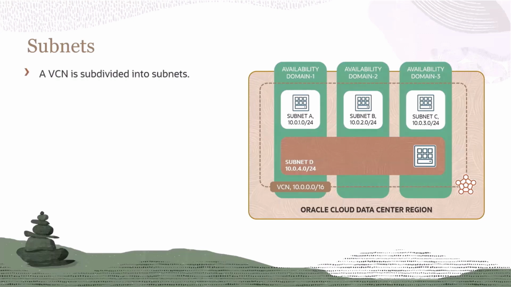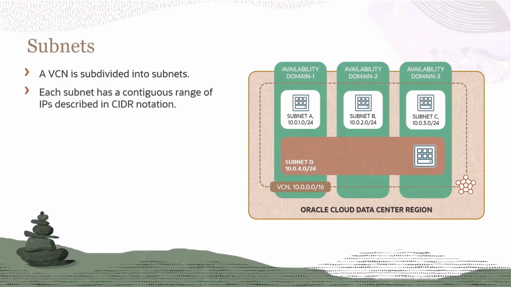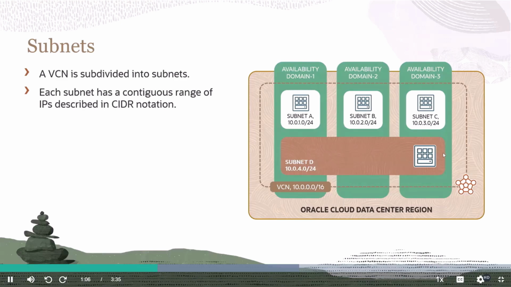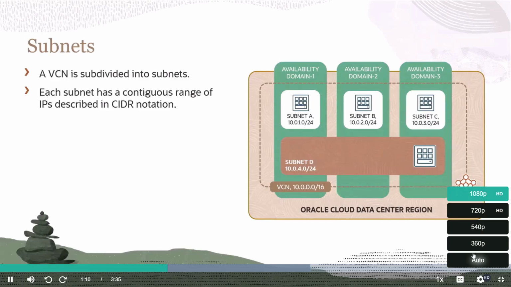We have discussed how a VCN can be subdivided into subnets, meaning a larger network can be divided into smaller networks. So a subnet is nothing but a contiguous range of IPs, and it's also denoted in a CIDR notation.